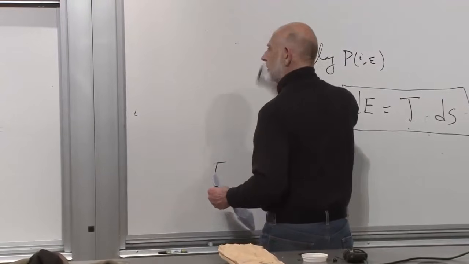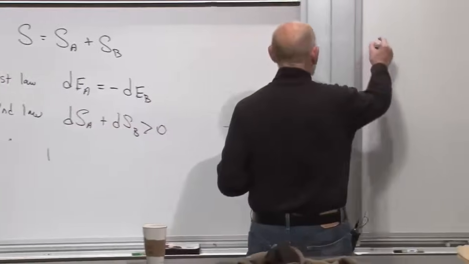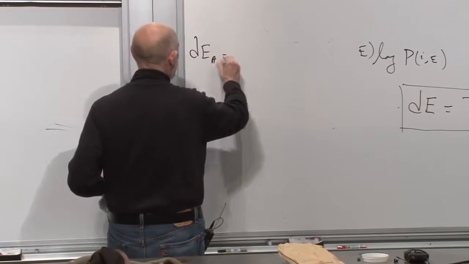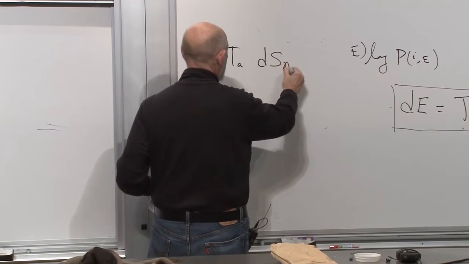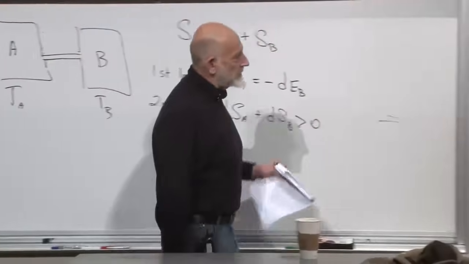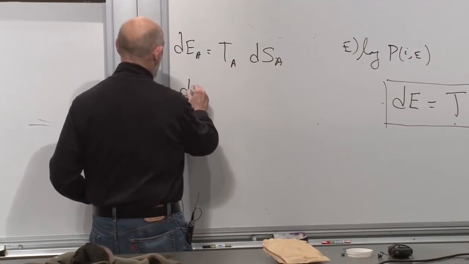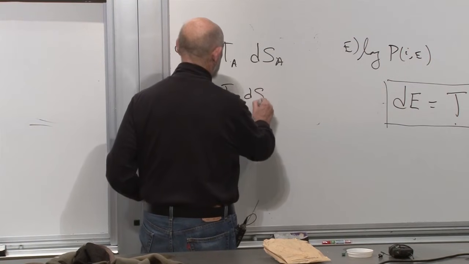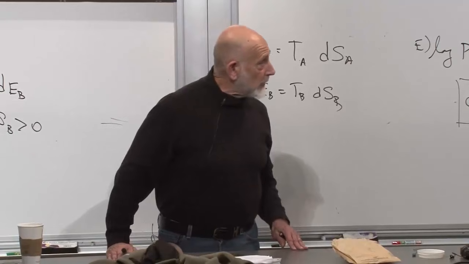Finally, for each one of these, the change in energy of A is equal to the temperature of A times the change in the entropy of A. That's dE equals TdS, the definition of temperature. Likewise, dEB is equal to TB times dSB. All right, hold on to these equations.